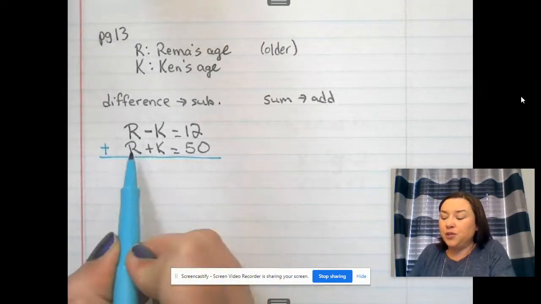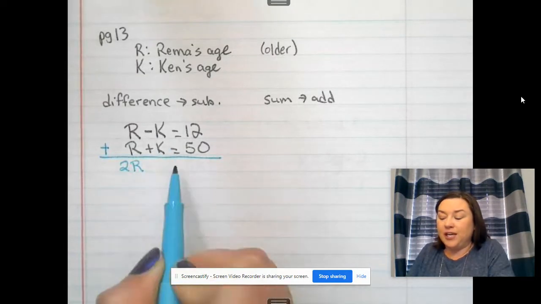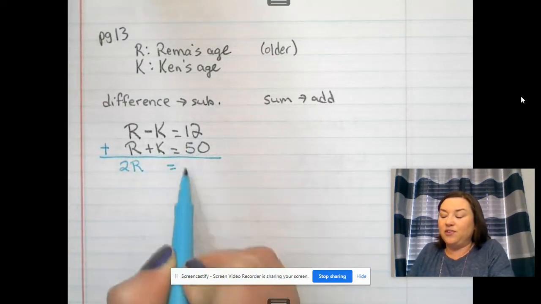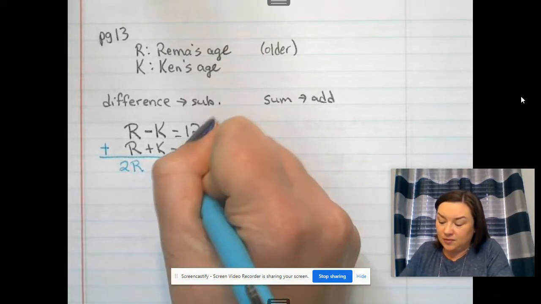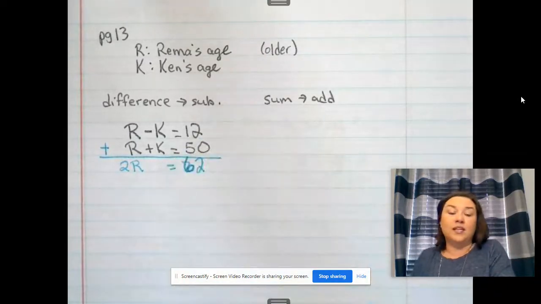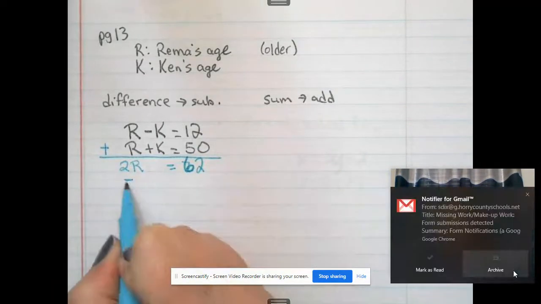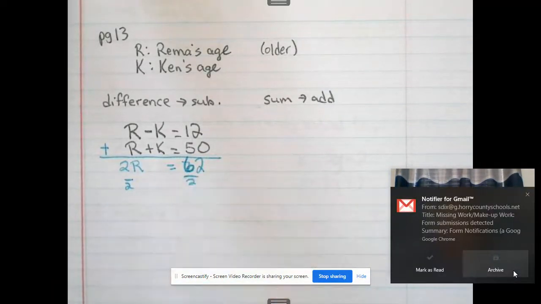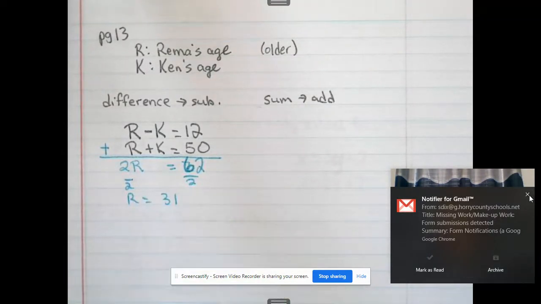So 1R plus 1R is 2R, and negative 1K plus positive 1K eliminates, and 12 plus 50 is 62. Then I divide both sides by 2, and I get R equals 31.